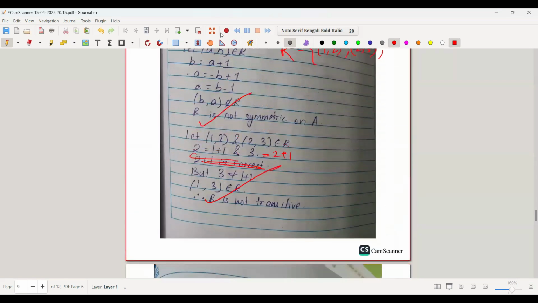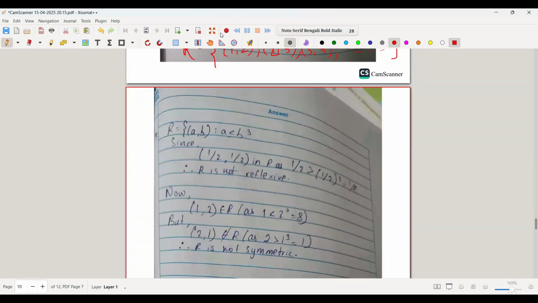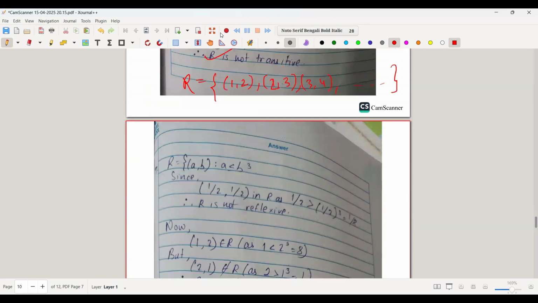It will be better if you write the relation R in roster form. So this is (1, 2), this is (2, 3), this is (3, 4), and so on, and you will use the definitions.